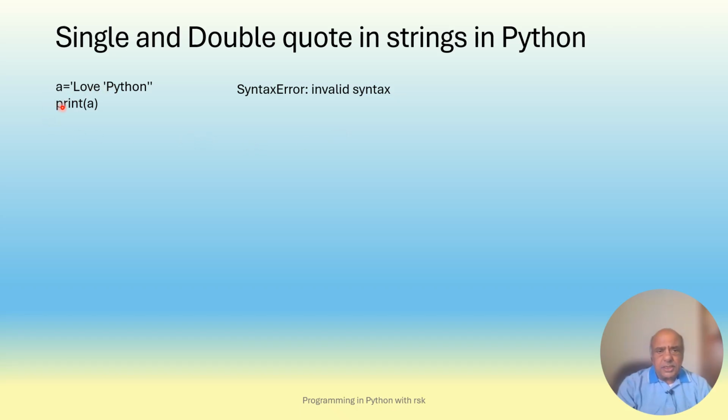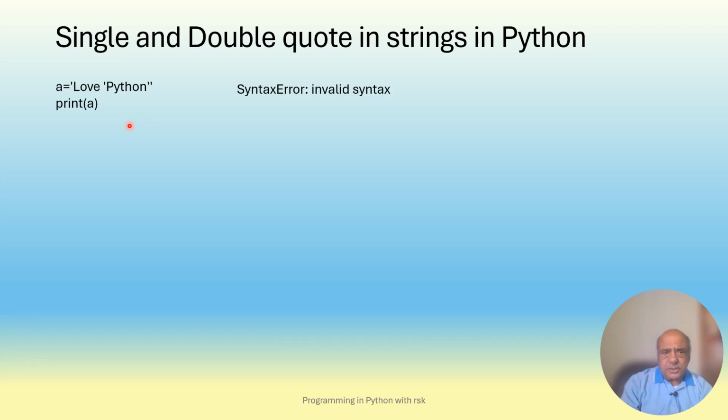We are assigning A the string I love Python, where the whole string is enclosed in single quotes and Python is also expressed in single quotes. When we try to display the string on the monitor using print A, we get a syntax error, invalid syntax.